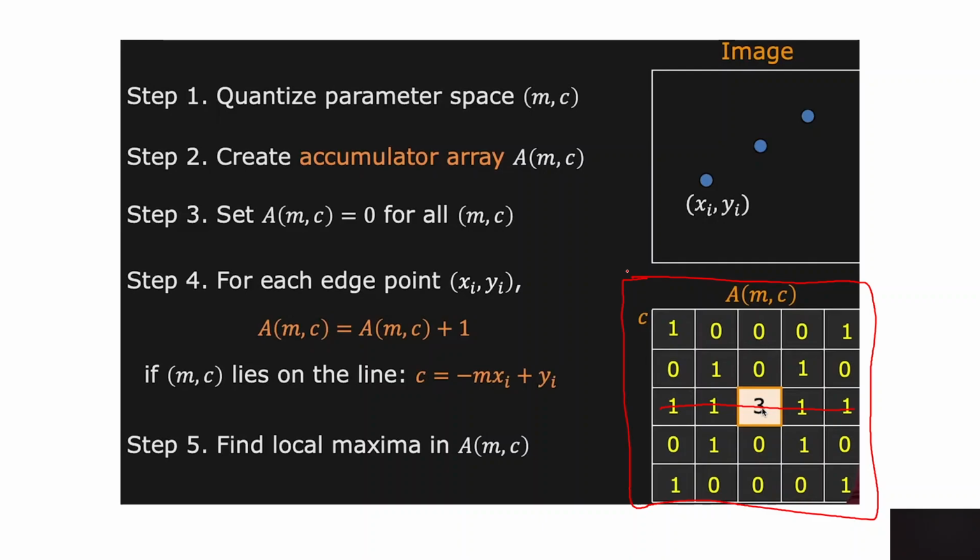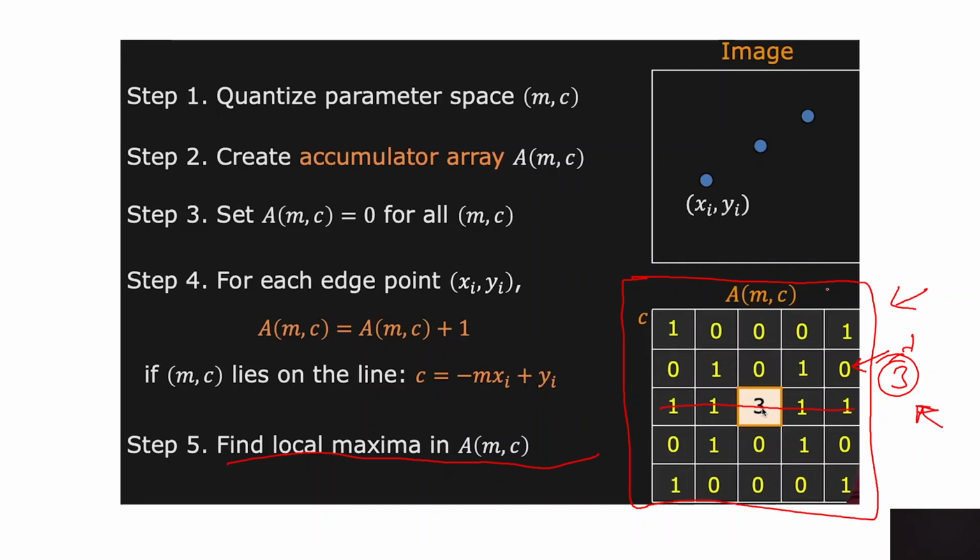Now our last step is to find a local maxima in this space. If we are considering this array, the local maxima will give you 3, and this 3 is greater than 0, greater than 1, and also greater than 2. So there is definitely a line.